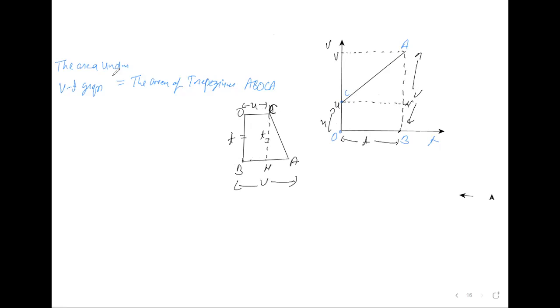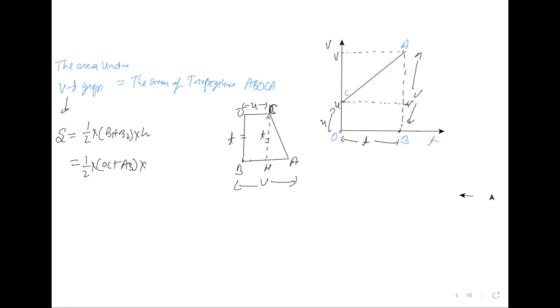Now this velocity time graph represents what? The same displacement. The area of trapezium is half into the sum of bases into height. Half the sum of bases means the parallel sides: the first side is OC, the other parallel side is AB, into the height.